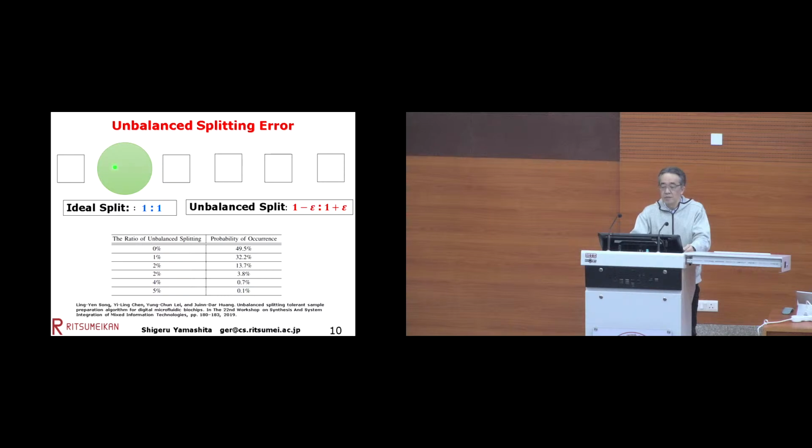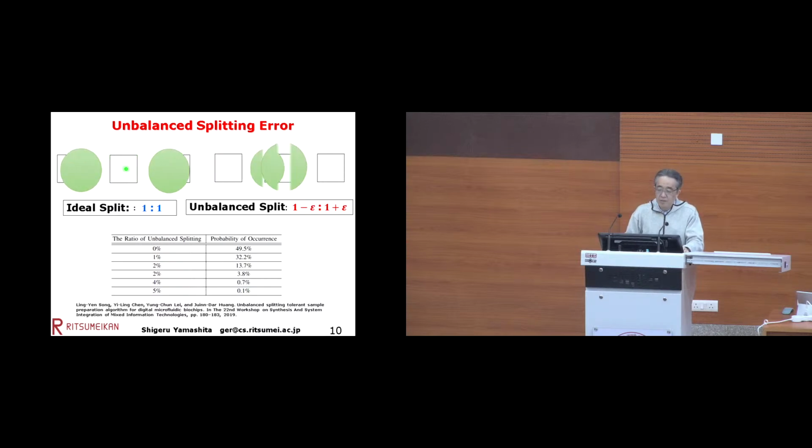Then ideally, the force to go to the left-hand side and to the right-hand side is the same. But of course, there should be some imbalance. If the force to the left is larger, or in this case the force to the right-hand side is a little bit higher, then this happens.